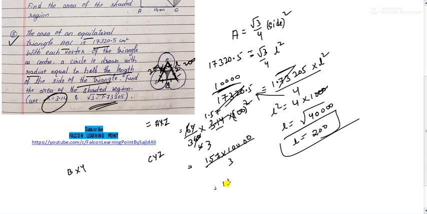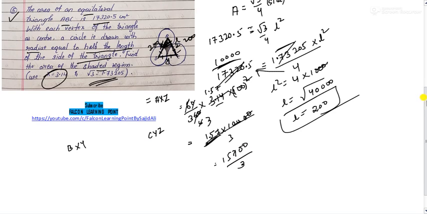So this becomes 157, and decimal is there, so that will go out. It becomes 157 into 100 is 15700 divided by 3. So this is the area of one sector, only this part.